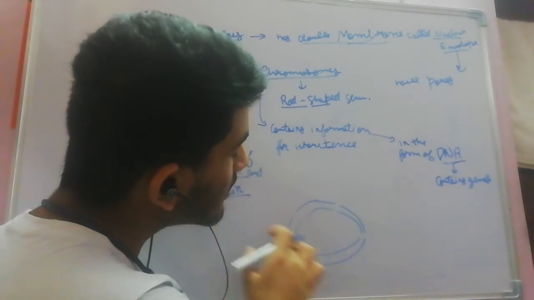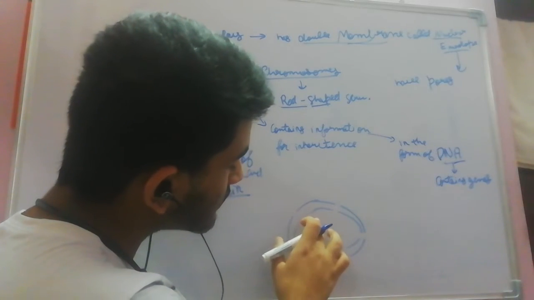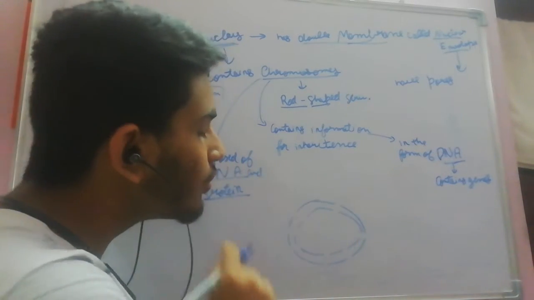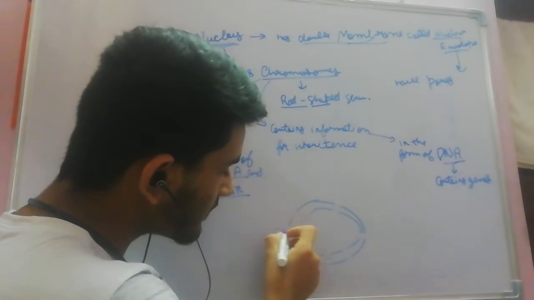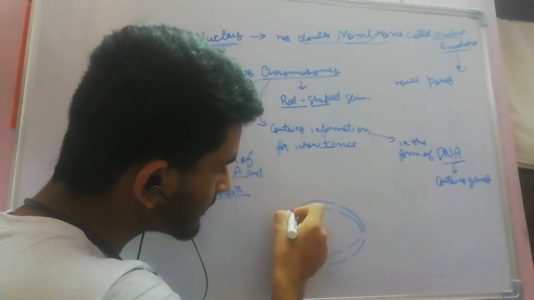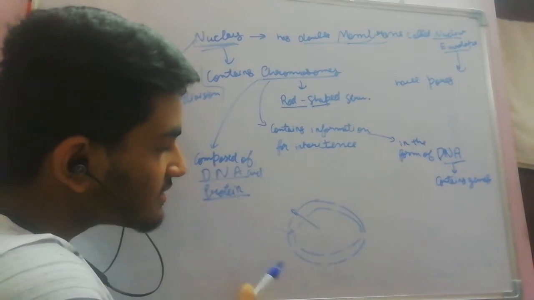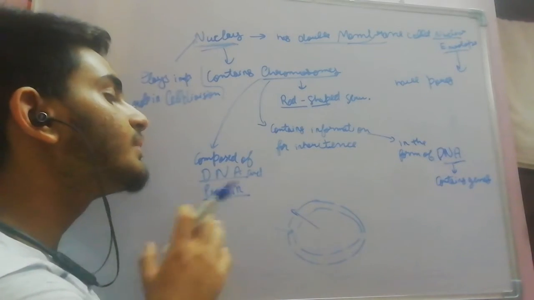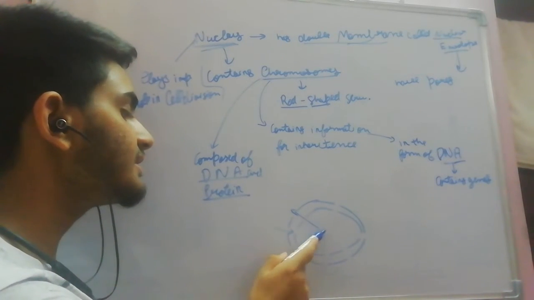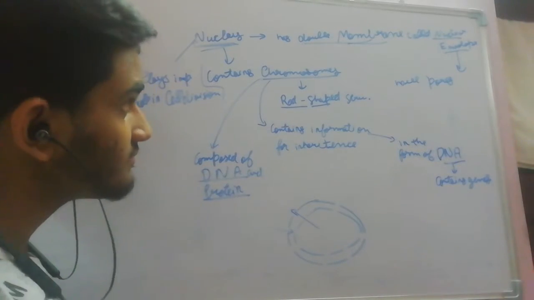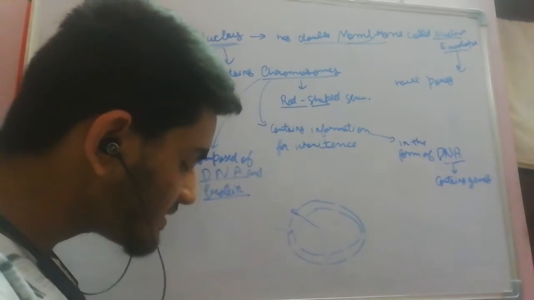What are pores? Pores are a sort of hole through which materials enter into and go out of the nucleus. So pores help in the transfer of material inside the nucleus and outside the nucleus. Now, the nucleus contains chromosomes which are rod shaped.